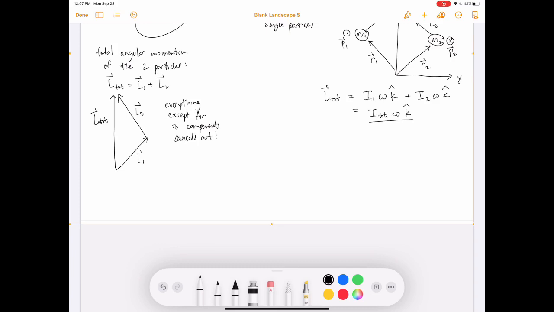Okay, so the last thing to realize here is that if we have a symmetric object, we can build it up using pairs of particles on opposite sides of the symmetry axis.